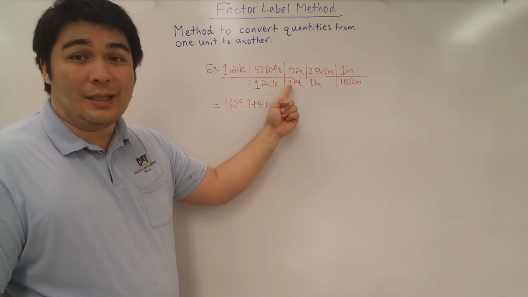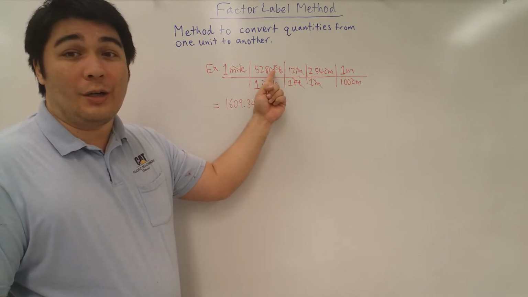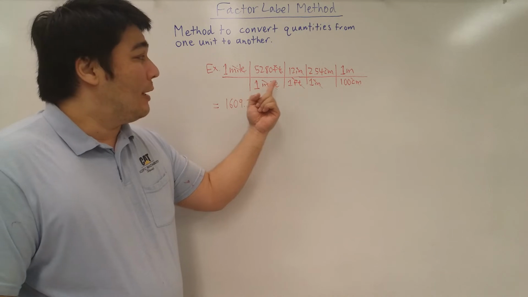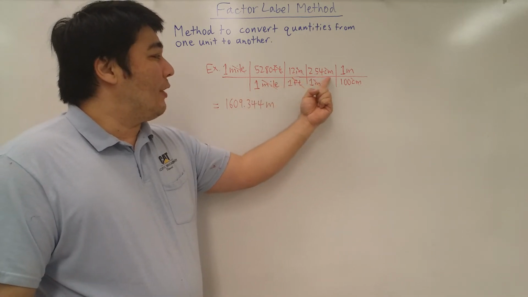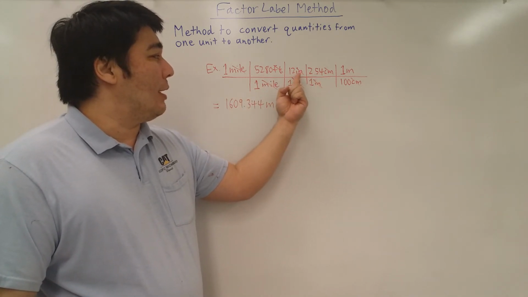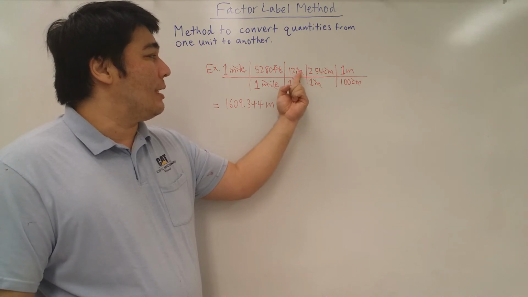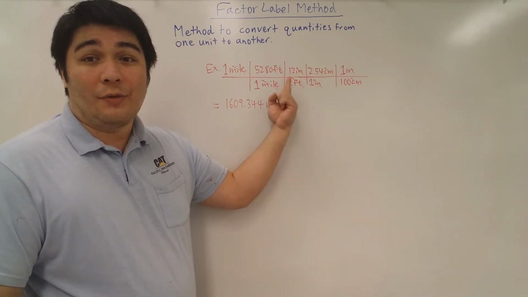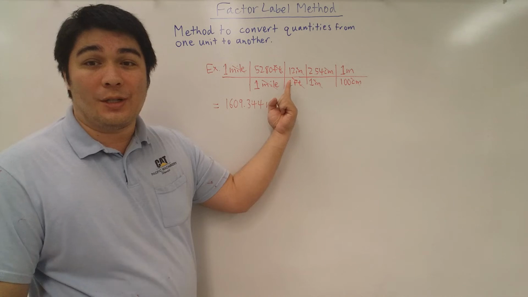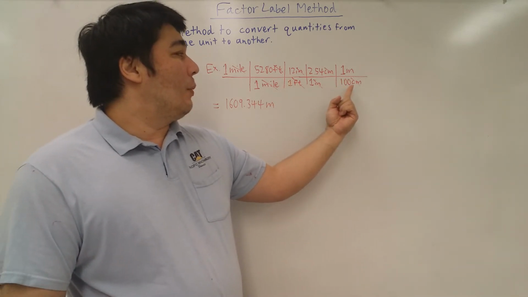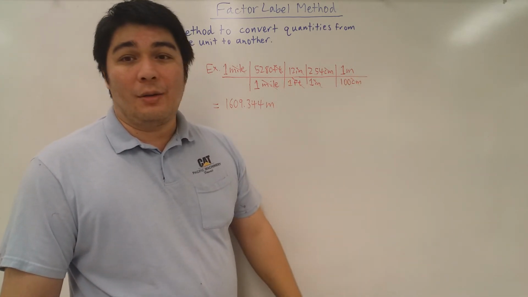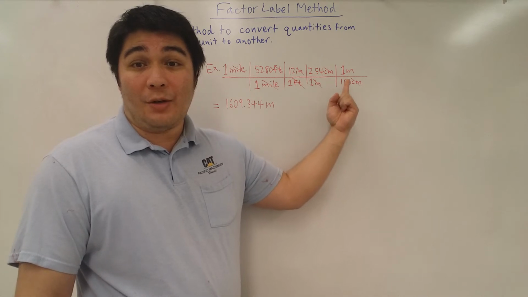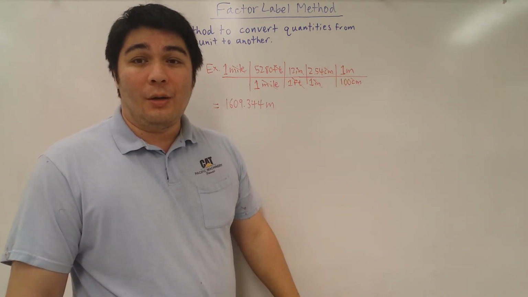And of course, foot is in the denominator because I have foot in the numerator in the previous one. There's 2.54 centimeters in an inch, and inches is in the denominator because inches is in the numerator from the last fraction. And then of course there are 100 centimeters in a meter. Oh wait, but I pointed at the denominator first before I went to the numerator. What happened?